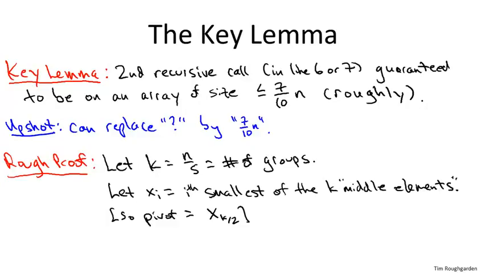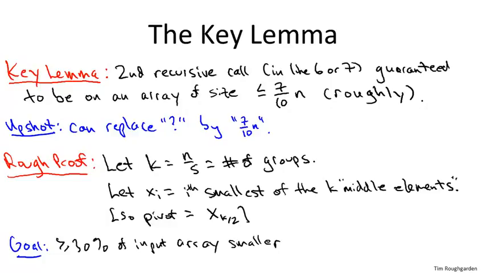Similarly, there better be at least 30% of the elements that are smaller than the pivot. That way, if we recurse on the right-hand side, we know we don't have to deal with more than 70% of the original input elements. So if we achieve this goal, we prove that there's at least 30% on each side of x_k/2, then we're done. That proves the key lemma that we get a 30-70 split or better.